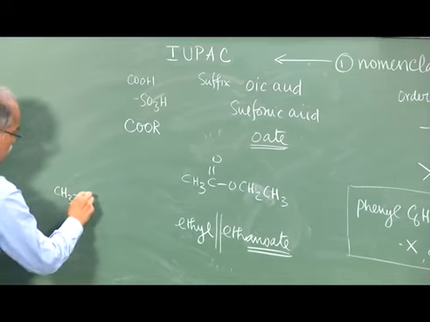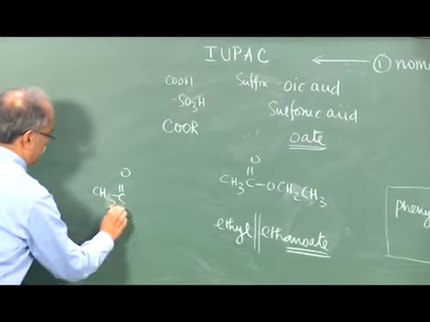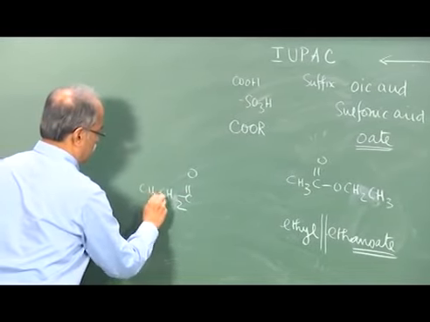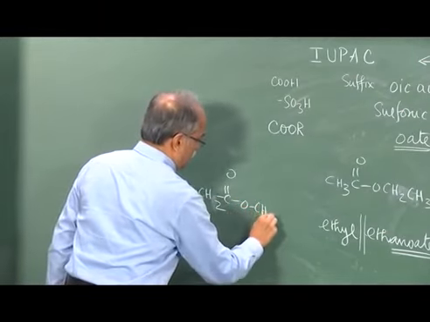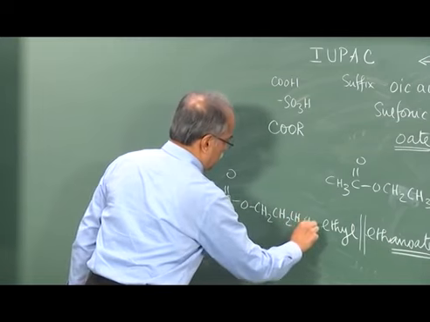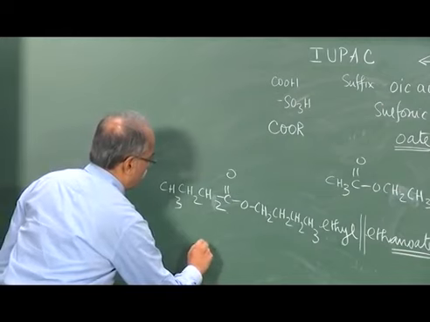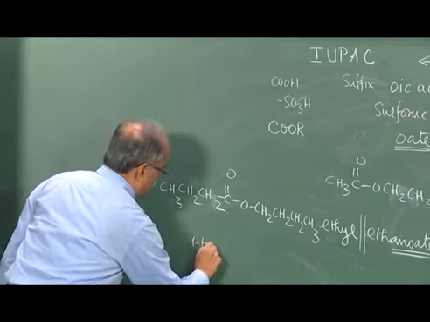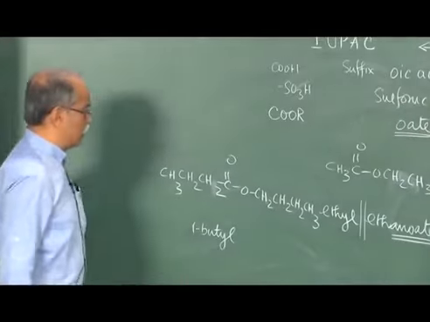Suppose you want to name this particular compound, I am specifically mentioning it because this is a one butyl. You have to number the position where the butyl group is attached.